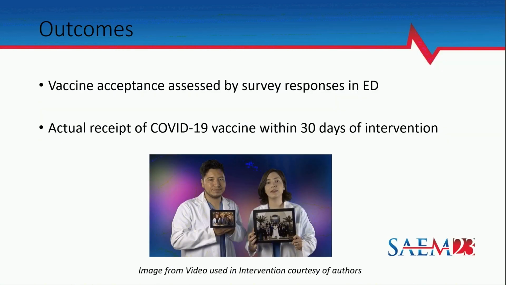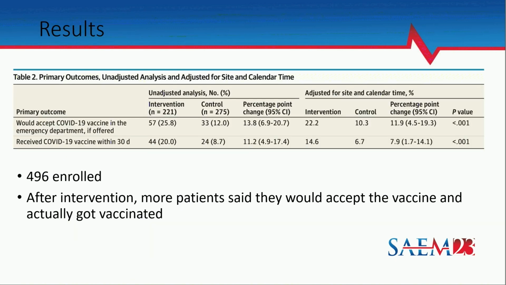Here's just a still image of one of the videos that they showed. They studied vaccine acceptance by a survey that patients took right after receiving the message, on whether they would accept the vaccine. Then they looked at whether the patients received a COVID-19 vaccine in the registry within 30 days of the intervention.